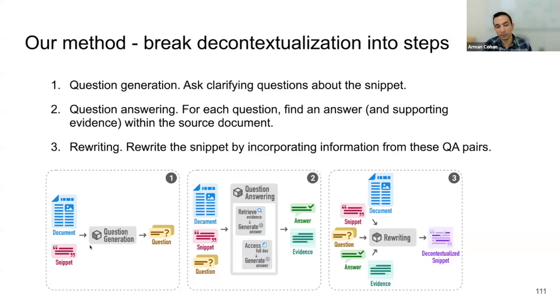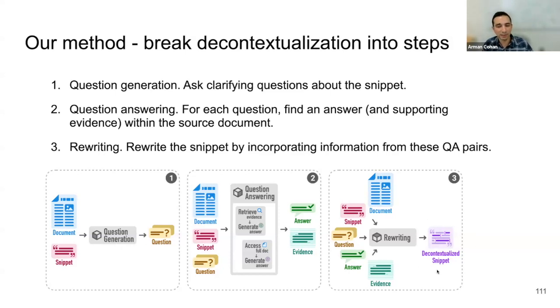We started by generating questions, and then using the question and the document and the snippet, we tried to generate answers and provide evidence for this answer. And then given the questions, the answers, the evidence, and the snippet, we give all of this to an LLM, and it would rewrite the original snippet for us to give us the decontextualized final snippet.